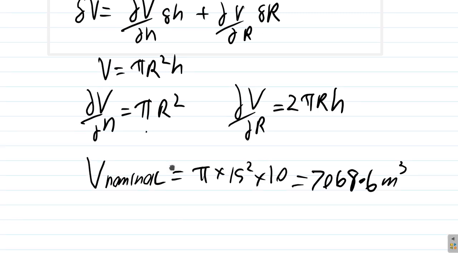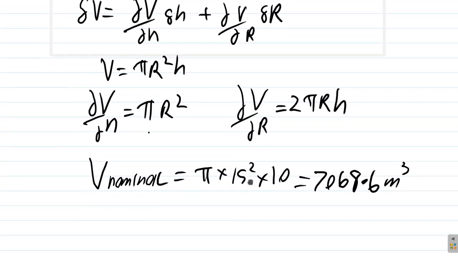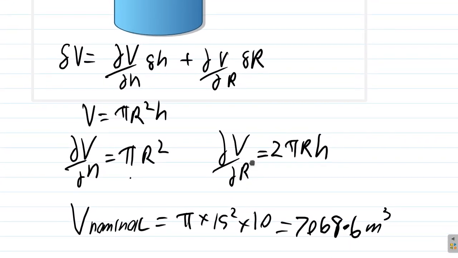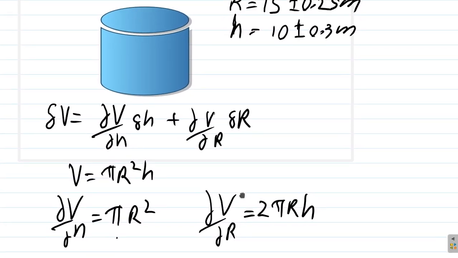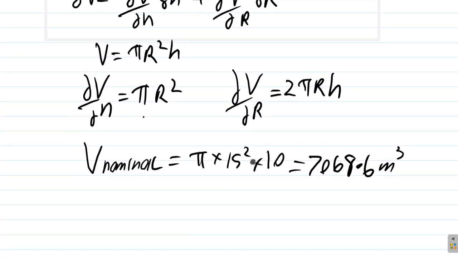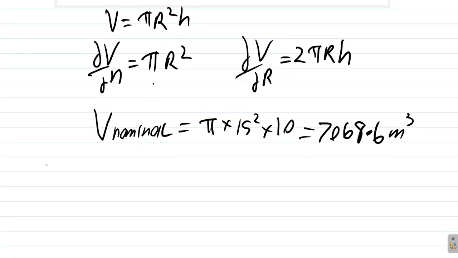Now, going to put the formula together, but we're going to need the values in terms of numbers. So delta V by delta H now.